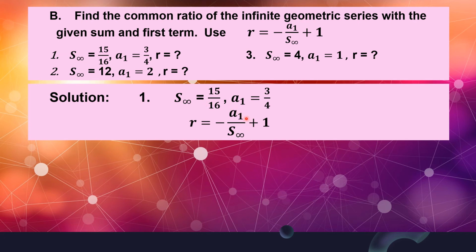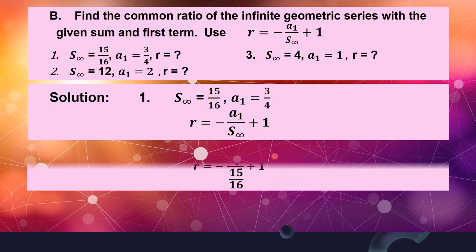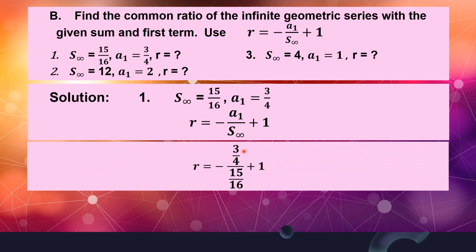So, our A sub 1 is 3/4 over S sub infinity, which is 15 over 16. Then we have negative, plus 1.